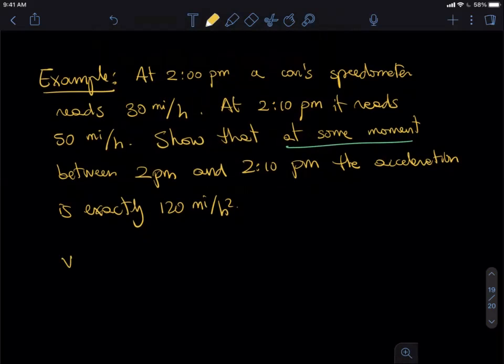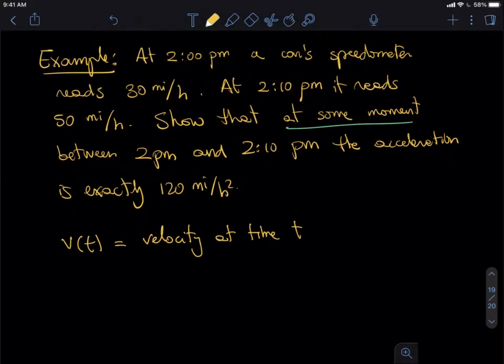Why? Well, we are looking at the velocity, right? The velocity function, which we can assume is differentiable, no problem.